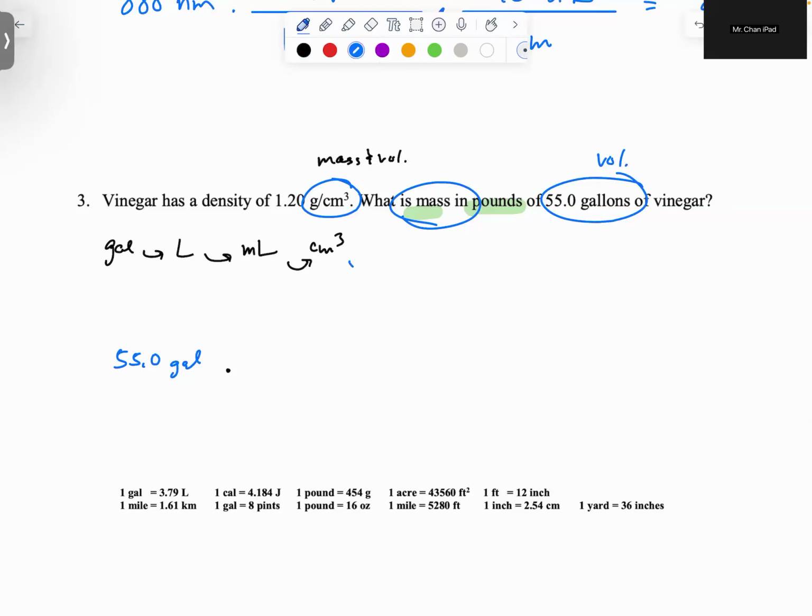And this is where you can change your dimension from volume to mass. The density has a gram in it, but grams would then be converted to pounds. So again, you should map out all these conversions before you start.